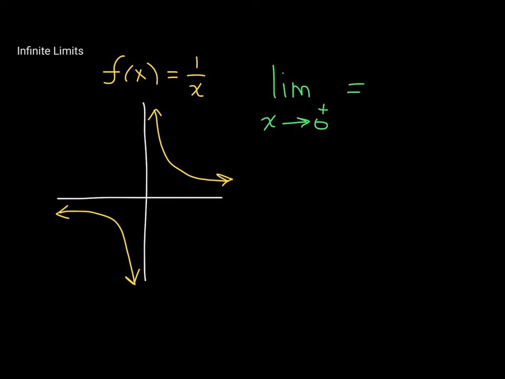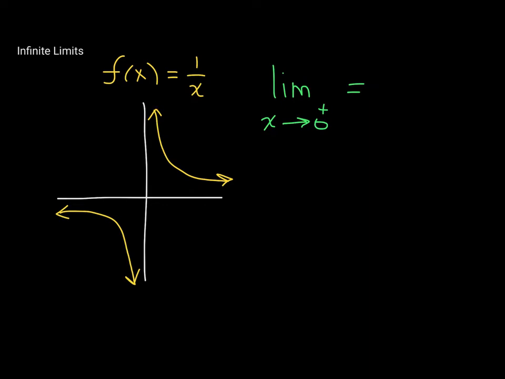Notice that the function values grow arbitrarily large, right? Grow without bound. They tend toward positive infinity. There is no positive real number that your function values reach. They just keep getting larger and larger and larger.